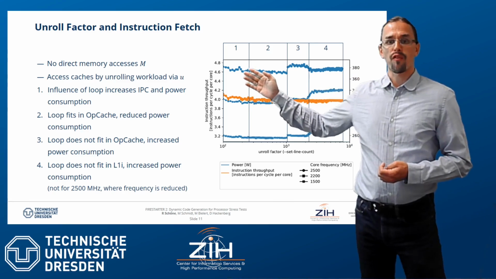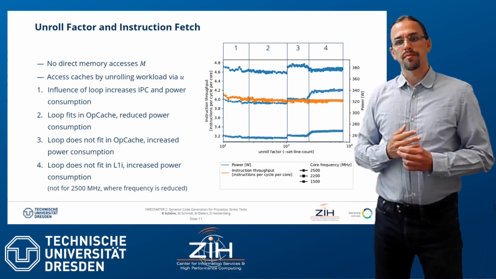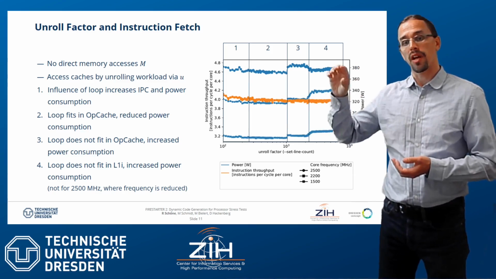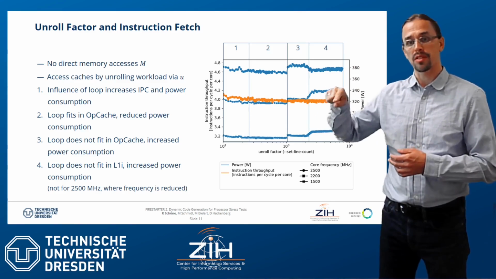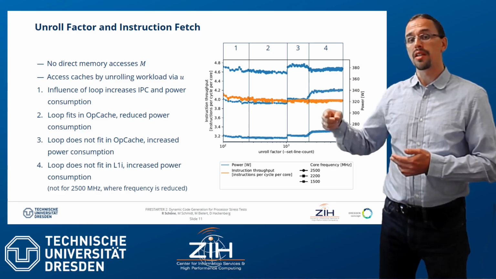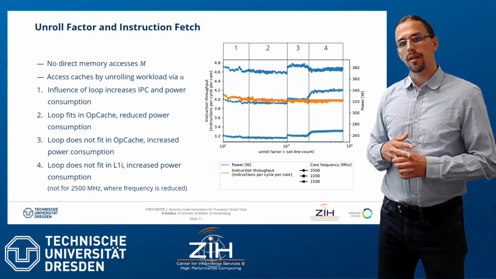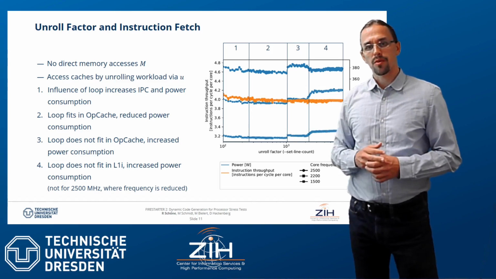We have 4 phases. In the first phase, there's a specific overhead for the loop, so you have the jump back to the beginning of the loop, and you have some comparisons on whether you want to leave the loop, and that contributes to unusually high instruction throughput.